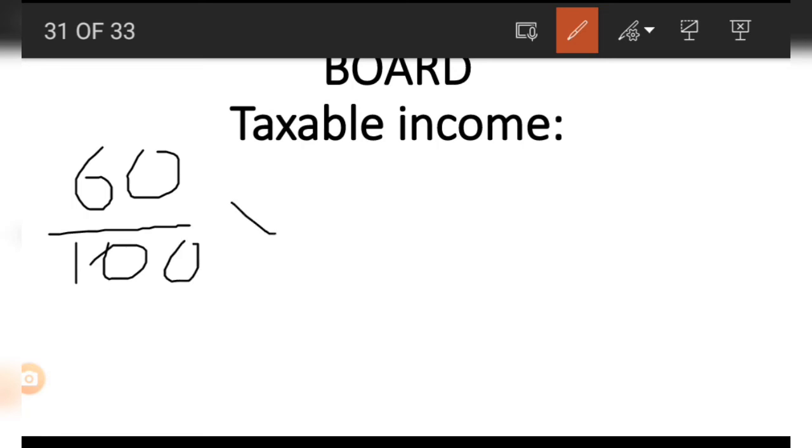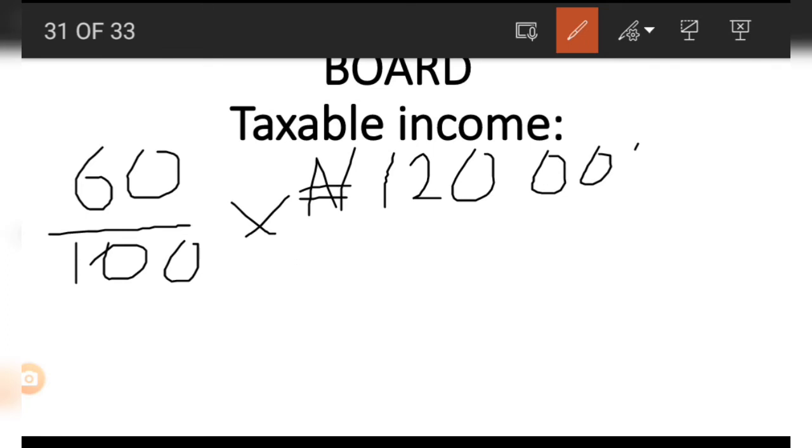So that is 60 over 100 times the total income, which is 120,000 naira. So we make it over 1. So both sides will look like a fraction.